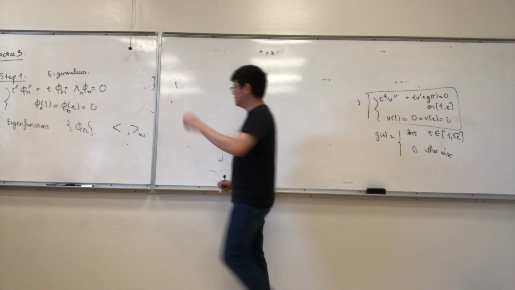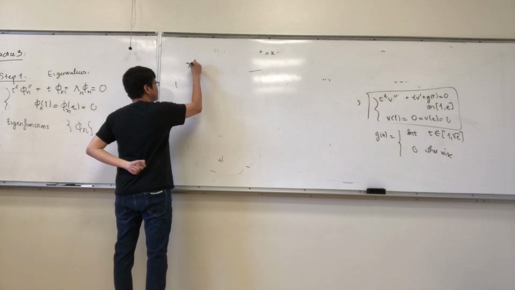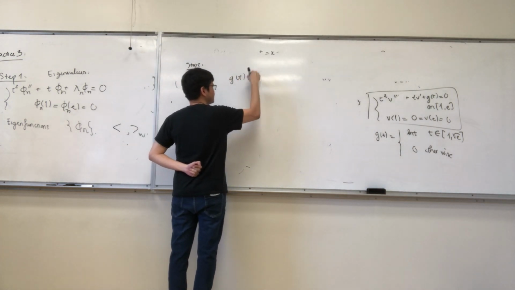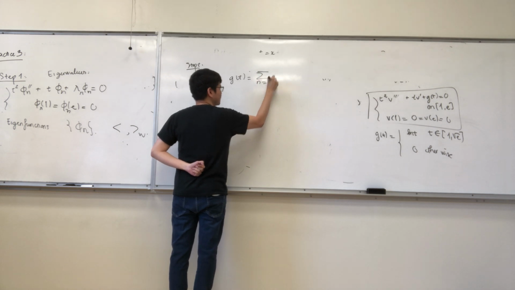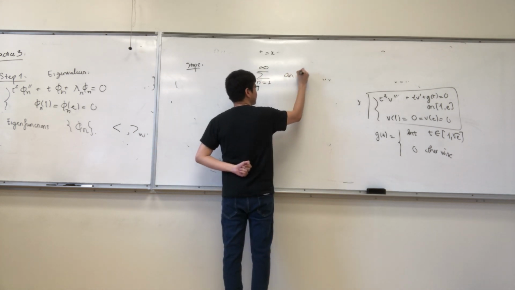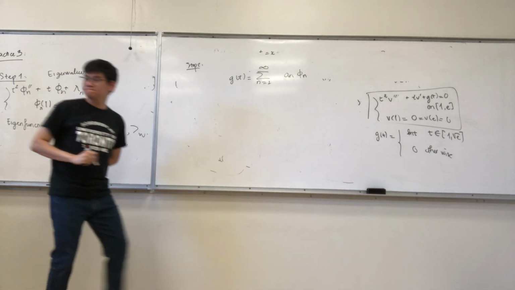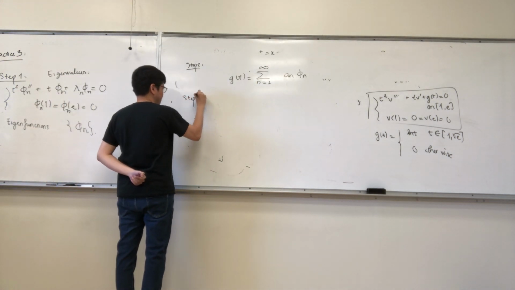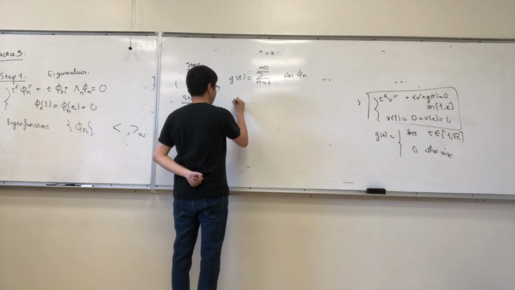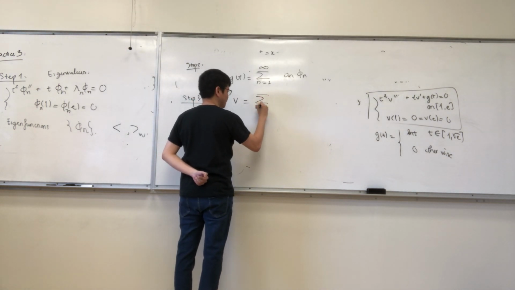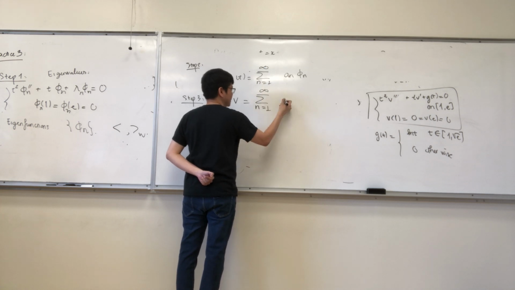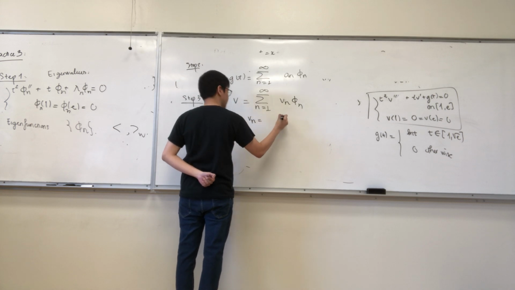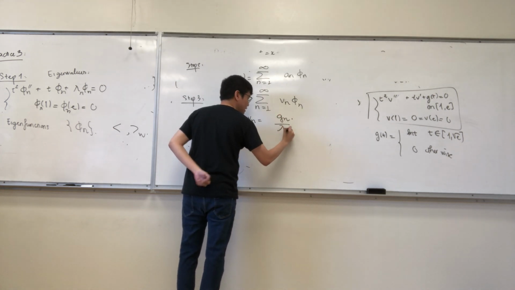Now you try to solve this one, right? So how do you solve this one? Step number 2, you're going to expand G in terms of all of the eigenfunctions. All right? And then after you expand it, step number 3, the solution V will be the sum when n is going from 1 to infinity, and Vn will be Gn divided by lambda n.